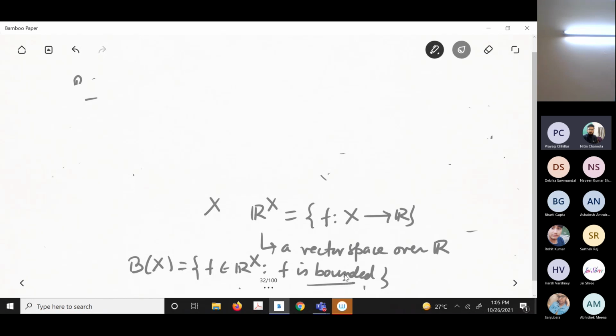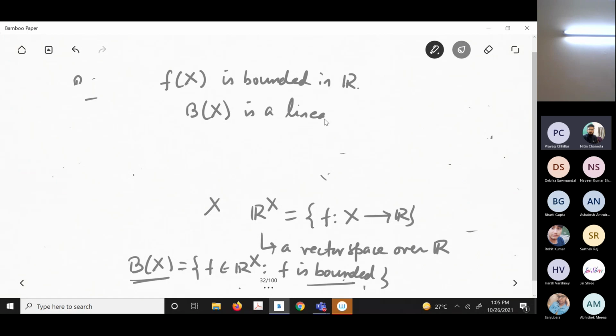Look, f is bounded means f(X) is a bounded subset of R. And since you have seen that R^X is a vector space, B(X) is a linear subspace of this.